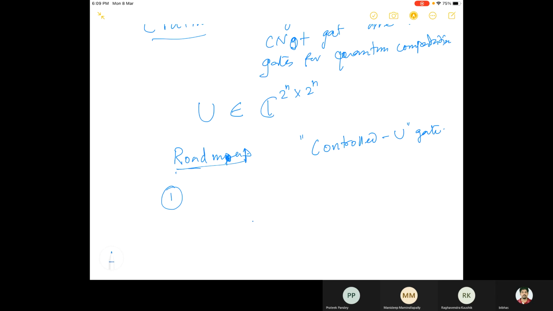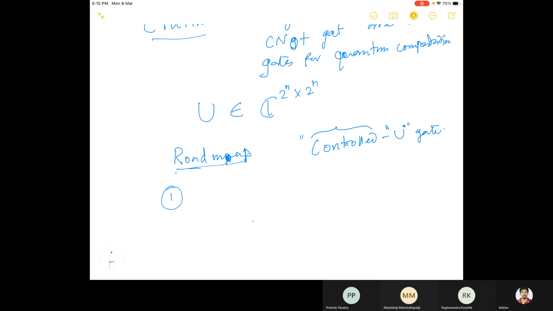One qubit controls the other one. Let's say the first qubit is the control, and the control could be state 0 or state 1. Like the CNOT gate, if the first qubit has state 1, then on the second qubit this U will be applied instead of NOT.